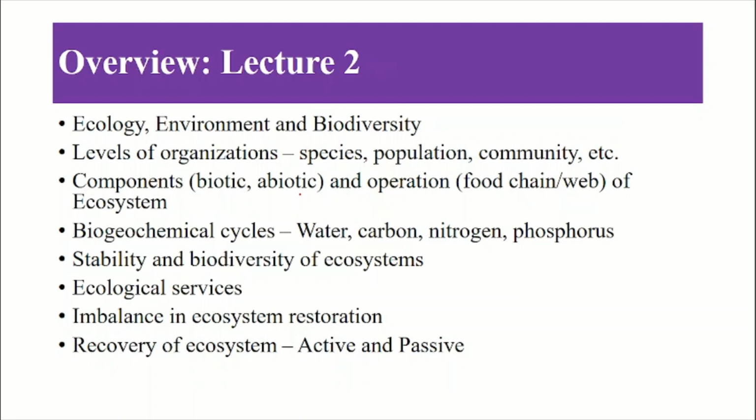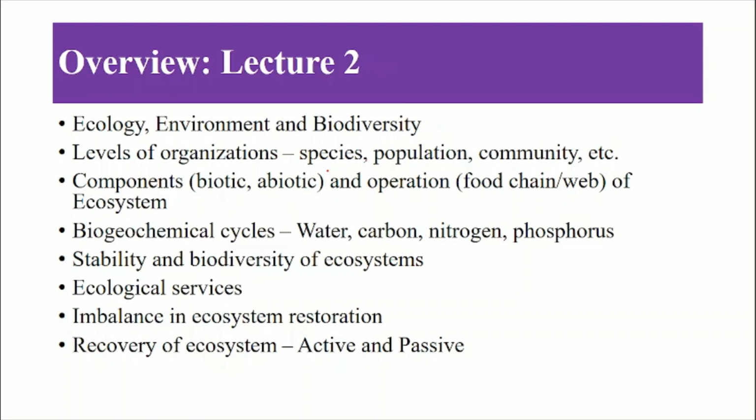The components and the operation of the ecosystem were then discussed. The components, as I have already said, can be biotic or abiotic, and these abiotic and biotic components are related through a chain. It is called a food chain, and it is the process of eating or being eaten. Firstly, the energy from the sun is converted by the plants, which are the primary producers, into food, which is then consumed by the primary consumers.